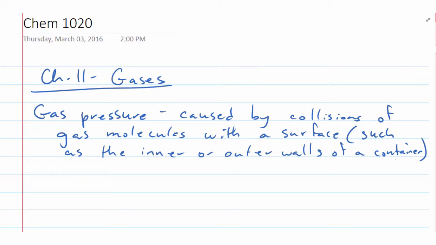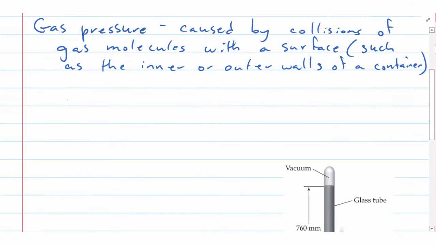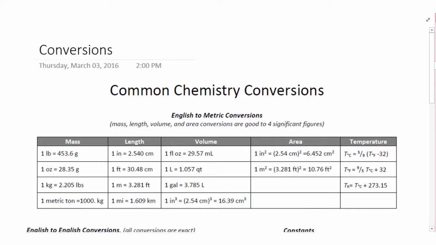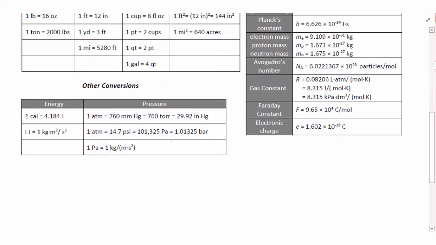Now, as far as some of the units that we work with when it comes to pressure, one is the unit of atmosphere. You don't need to write all of these down. You're going to find these on your conversion sheet. Right here, if you pull out your conversion sheet, you're going to see a number of pressure conversions.